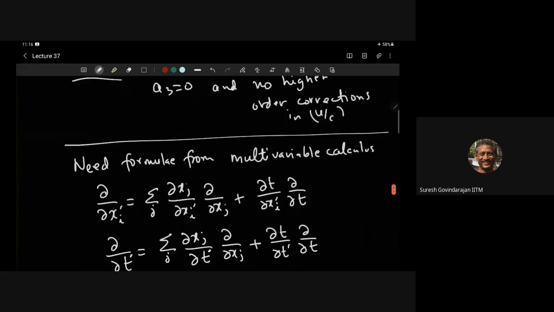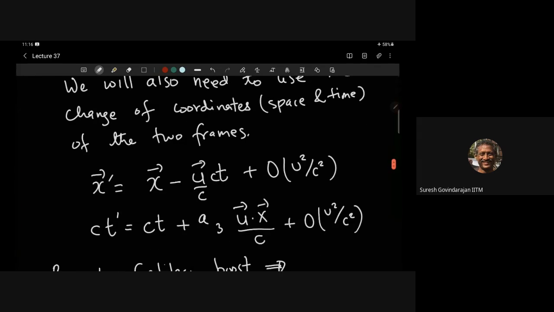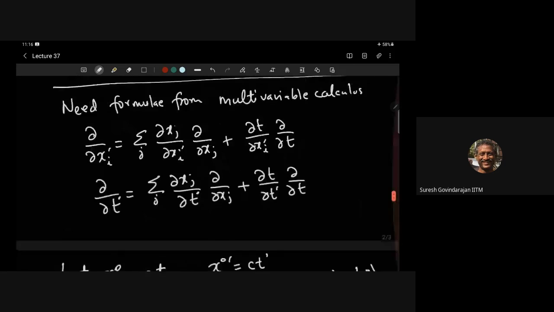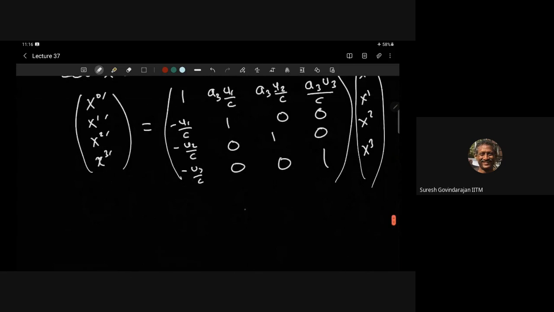So this is just the same formula that we have here. I call this x0 prime. I'm just writing it out in this matrix form, plus order u squared by c squared. Is this clear? This is just rewriting the formula.